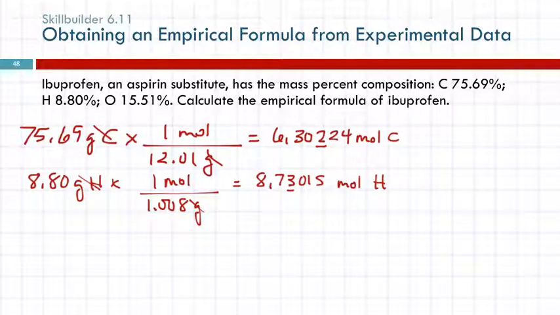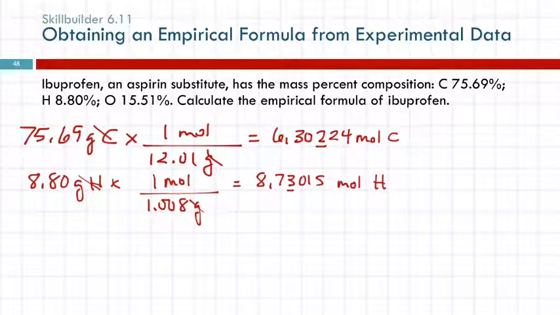Yes? I'm sorry, why do you convert it to masses instead of going with the percents? Well, how am I going to convert a percent to moles? I don't have a conversion factor between a percentage and the number of moles. You mentioned 75.69 out of a 100-gram sample.